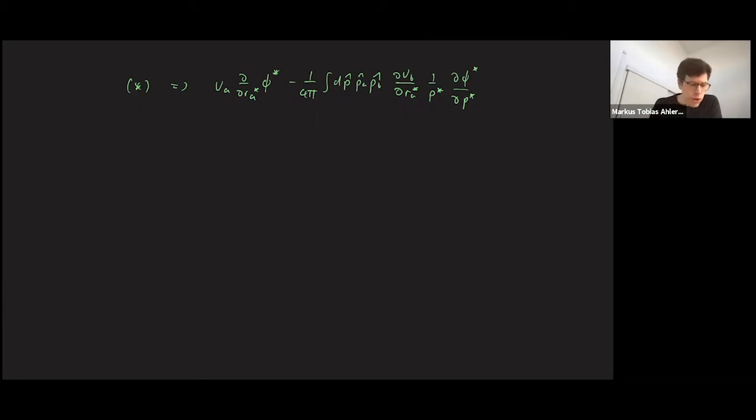And so this averaging here will basically give us 1/3 delta AB. And so that means this final expression here can be expressed as 1/3 of the gradient of the velocity times P star times the derivative of the monopole with respect to momentum.